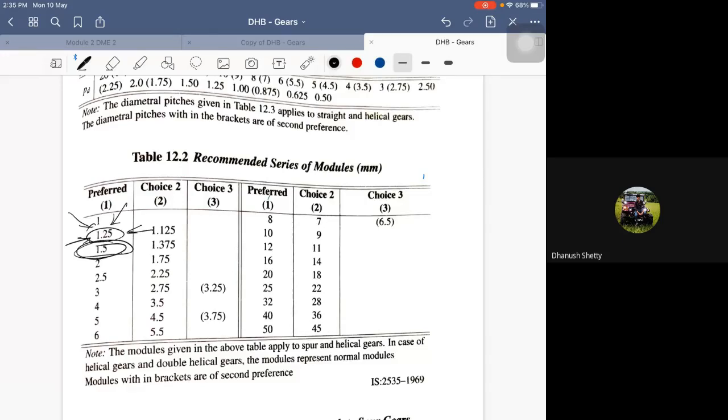Rutvik, Mithun? Why are you taking 1.5? Rutvik. Yes, sir. Why are you taking 1.5 when 1.25 is available?